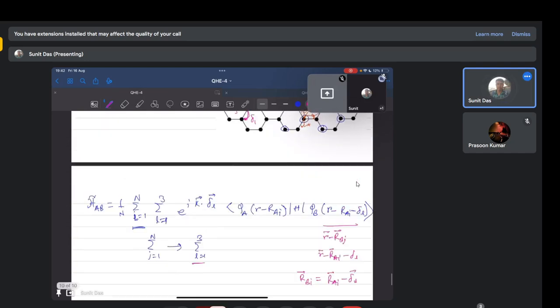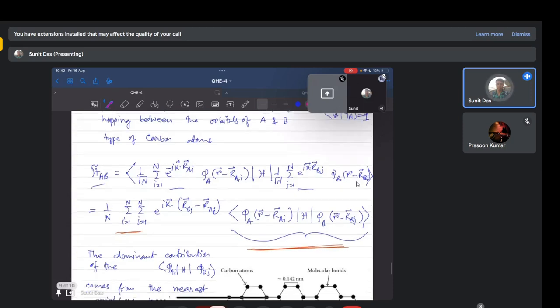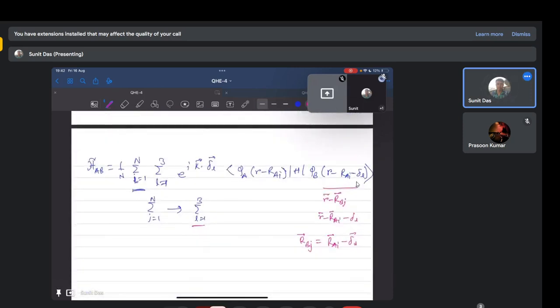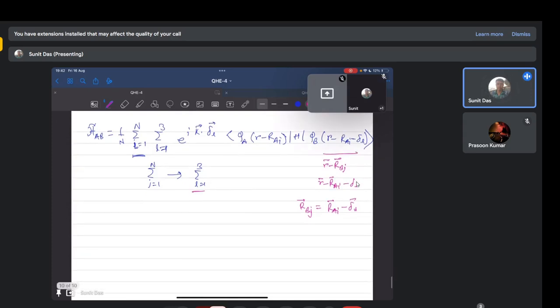So we had r_bj minus r_ai, so the opposite actually. There should be a plus sign in delta. So if we take it right, this will be a plus sign. Yes, then it is consistent, I think.